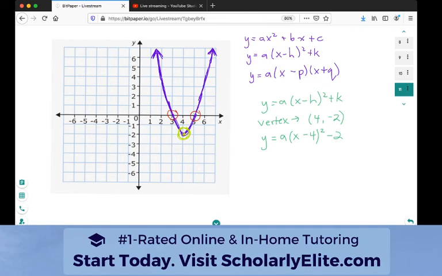Well, that's really cool, but we are still not done solving this because we still need to know the a term value. Well, that's not a problem for us. You can just pick a point on here, and I'm going to pick one of the x-intercepts, because it's easier that way, because I didn't draw a perfect quadratic.